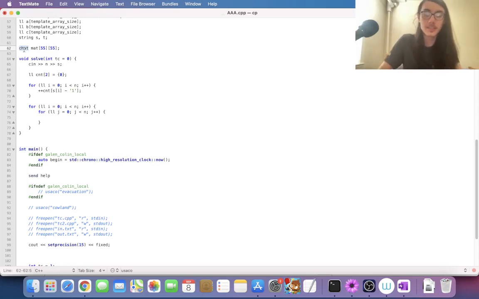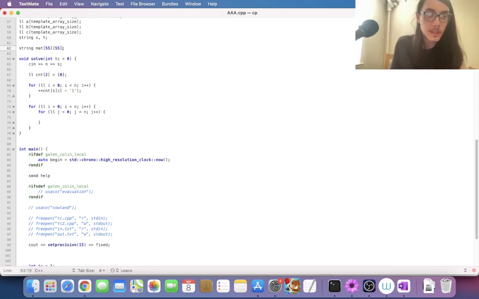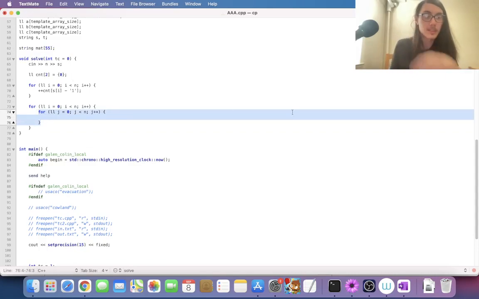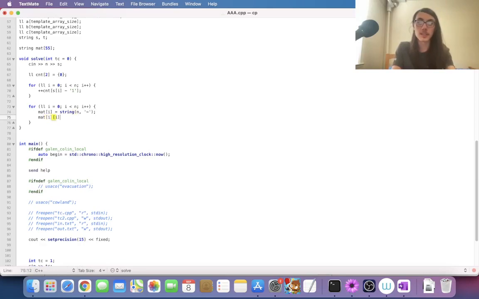A string is an array of characters, so that is exactly what we want. Mat[i] is equal to a string of length n, and the character is a draw. And we also need to set the interaction with itself to be an x. That is part of the rules.